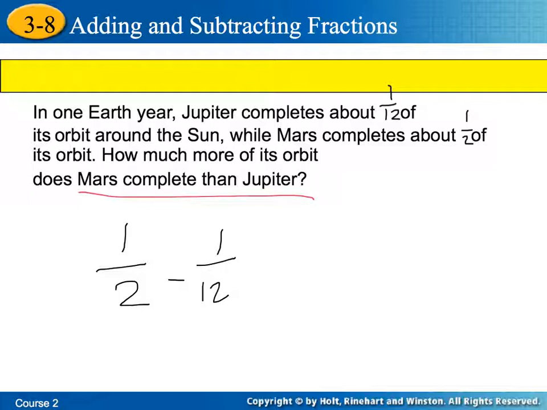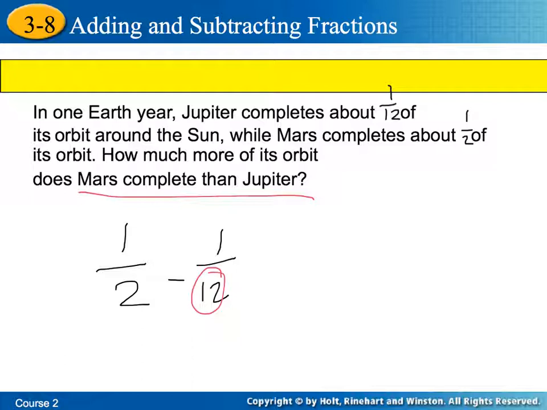Now, can I do this problem? No, I cannot do this problem. Why? I do not have a common denominator. So what would the easiest common denominator be, do you think? How about 12?